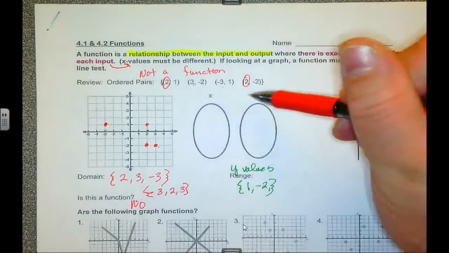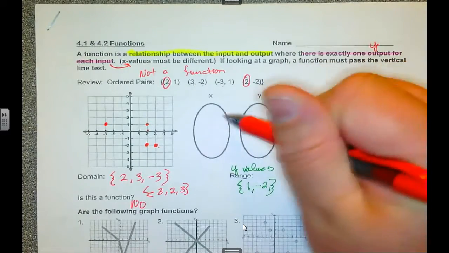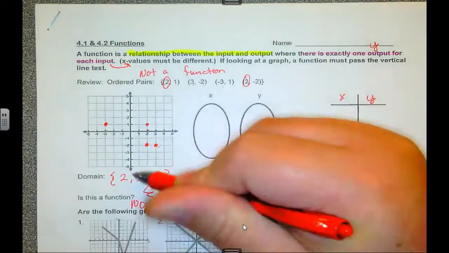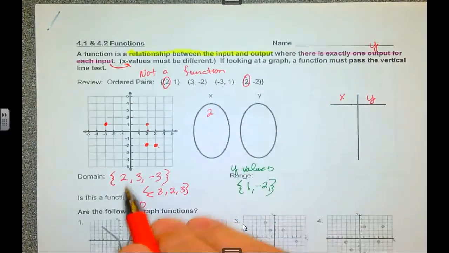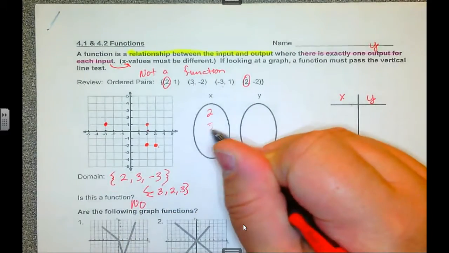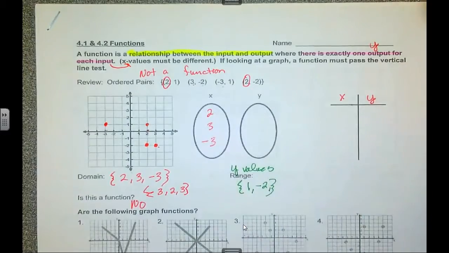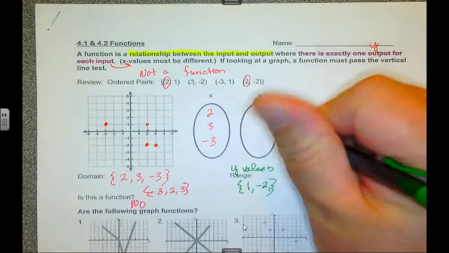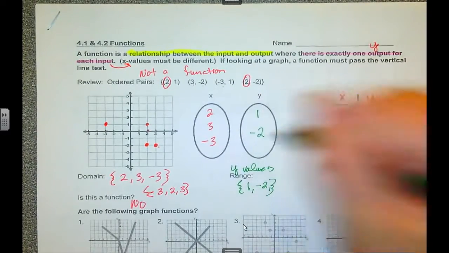If we wanted to use the mapping method, my x values again, I have 2, 3, and -3, I should have put them in order. And then I have 1 and -2.